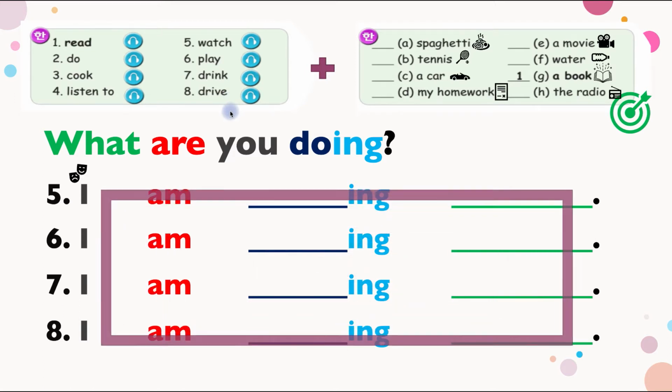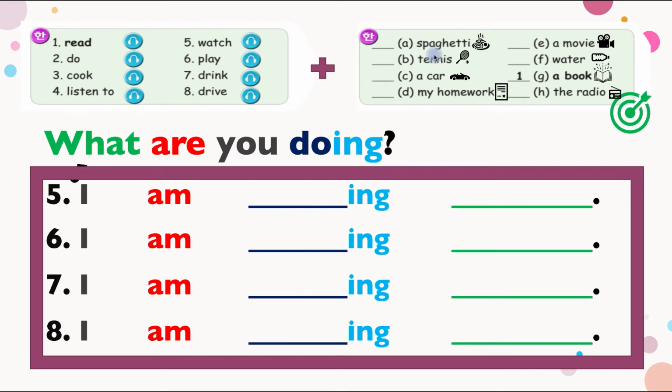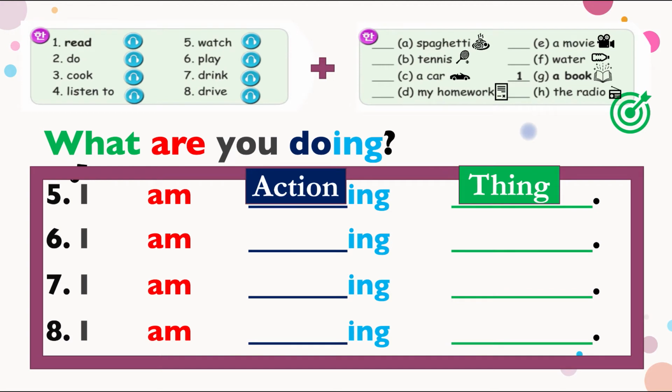And the idea is, in the 8 sentences, you add them to the things: spaghetti, tennis, a car, my homework, a movie, water, a book, and the radio. So Professor, we had to match the action verb with the correct thing noun. Yes. So do that with the action and thing.